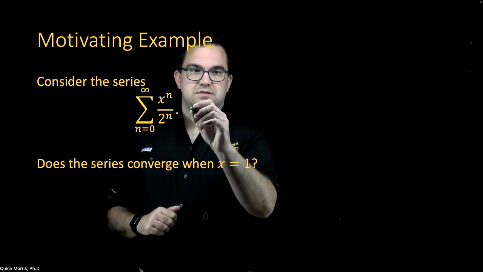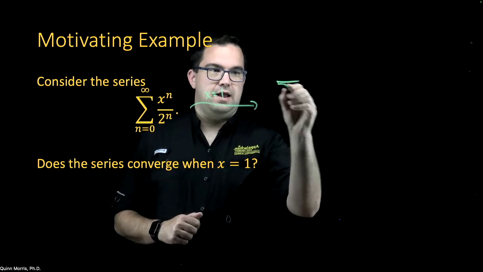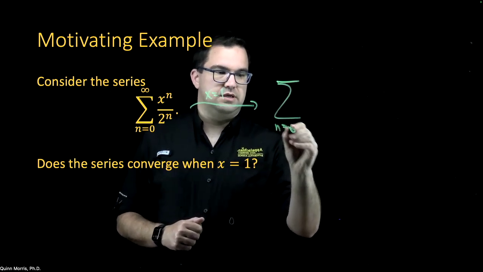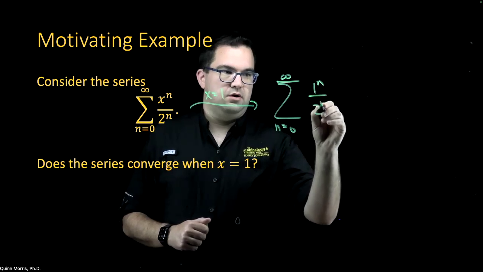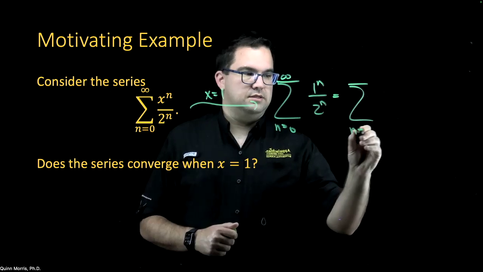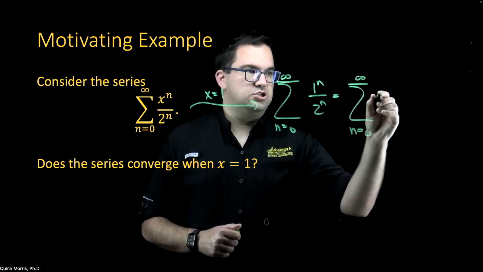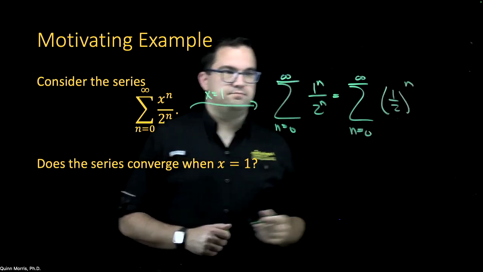You could take this series, substitute in x is equal to 1, and you would get the series n equals 0 to infinity, 1 to the n over 2 to the n, which you may recognize is just the geometric series (1/2) to the n.